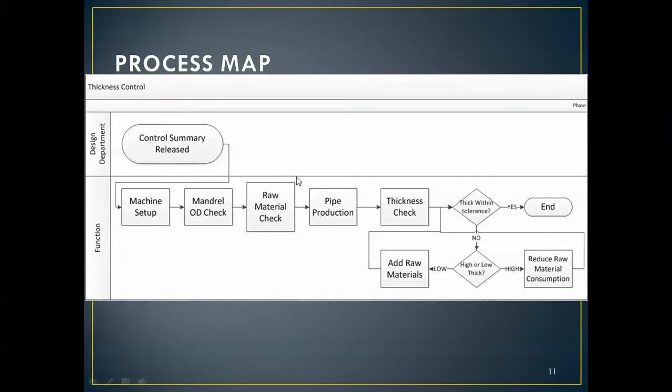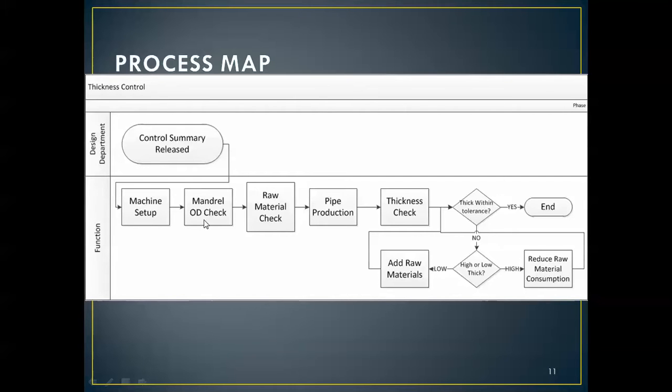This is the process map. First of all, we get the control summary, the release from the customer, from the design department. Then after getting the control summary, which contains all the technical details for production, we set up the machine.